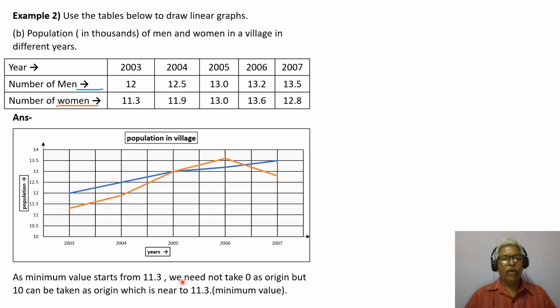We need not take 0 as the origin, but 10 can be taken as the origin, which is near to the 11.3 minimum value. So this displays your graph properly. That's why you always try to do this, unless otherwise asked. This is a very important step in drawing this graph, so try to learn this and remember this point.